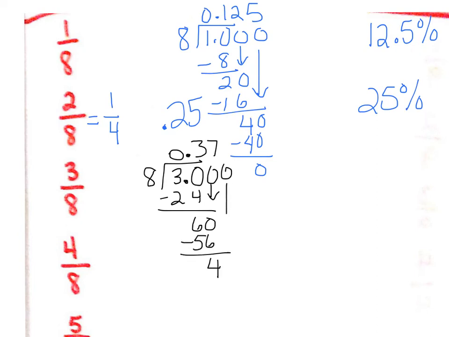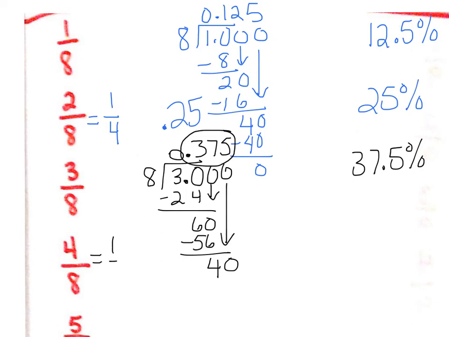Subtract and bring down. And then 8 goes into 40 5 times. So there's your decimal, and your percentage would be 37.5%. 4/8 we know simplifies to 1/2, so that would be equal to 0.5 or 50%.